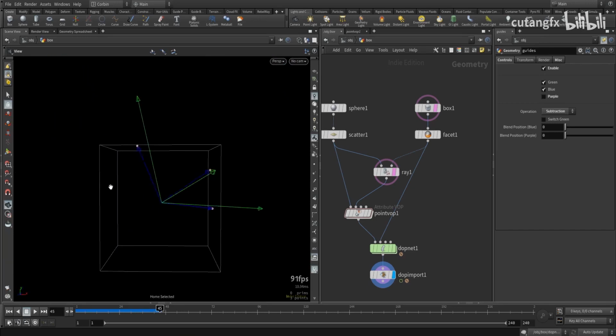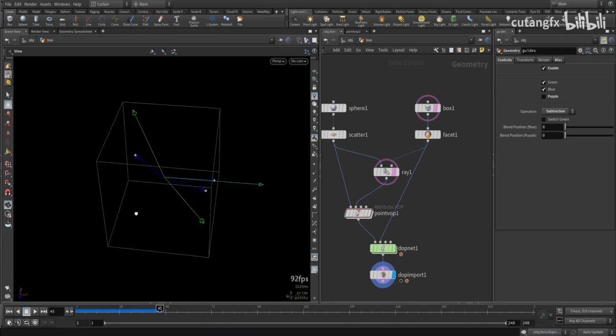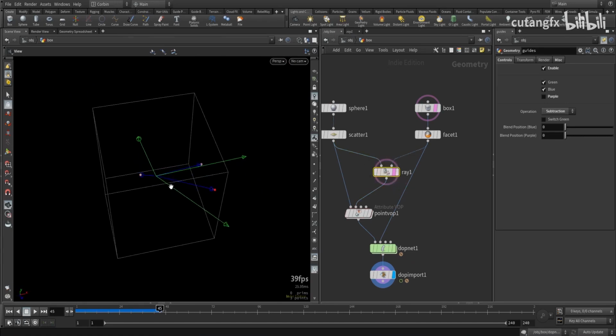We literally want them to move towards the cube and collide with it. So we calculate the blue vector, subtract green from blue in order to get the purple, and set that as the velocity of the particles so that they move in that direction.